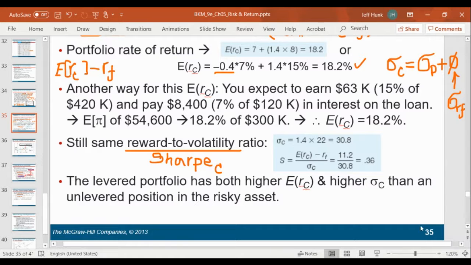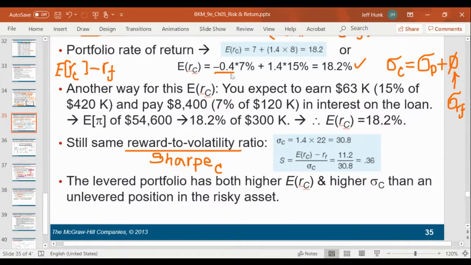Remember the Sharpe ratio. The risk premium on the complete portfolio in this case was 11.2 because of the weight, right?